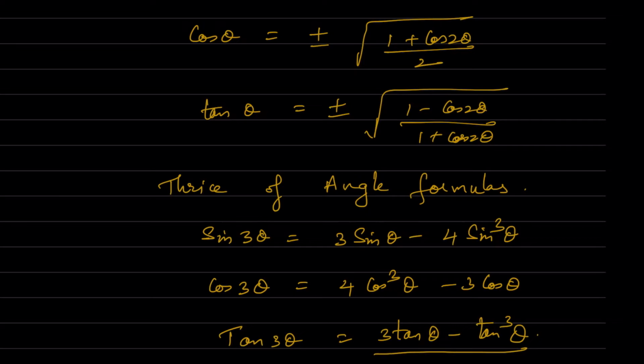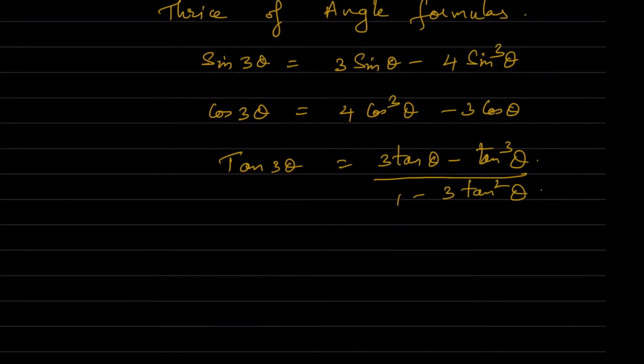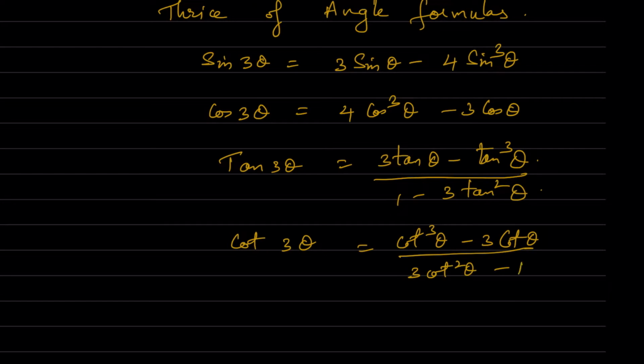Then we have tan 3 theta. Tan 3 theta is equal to 3 tan theta minus tan cube theta by 1 minus 3 tan square theta. Cot 3 theta is equal to cot cube theta minus 3 cot theta by 3 cot square theta minus 1.